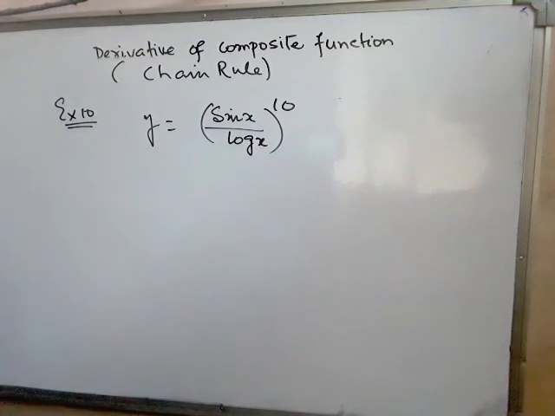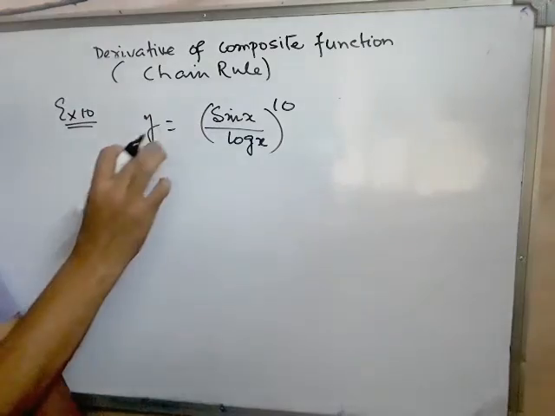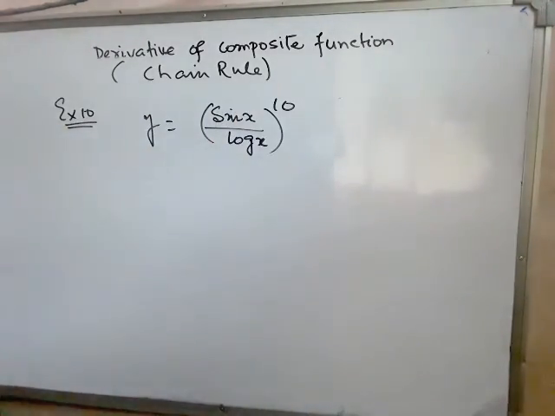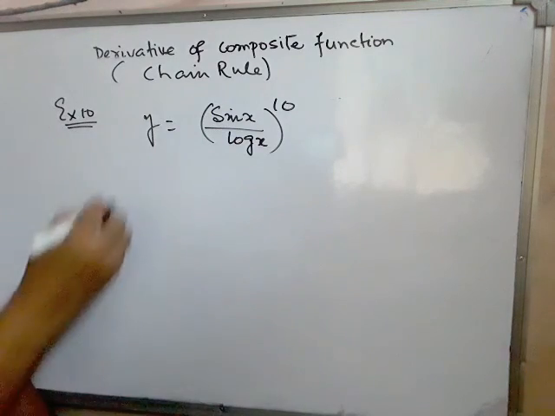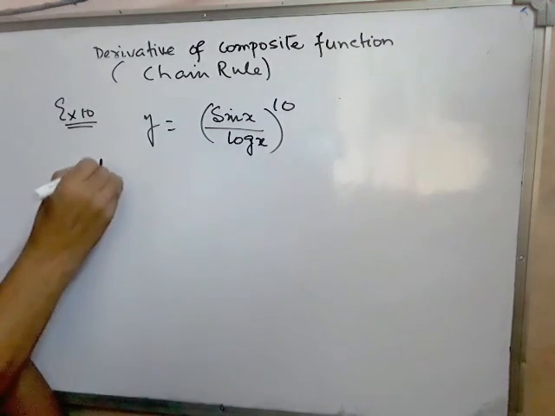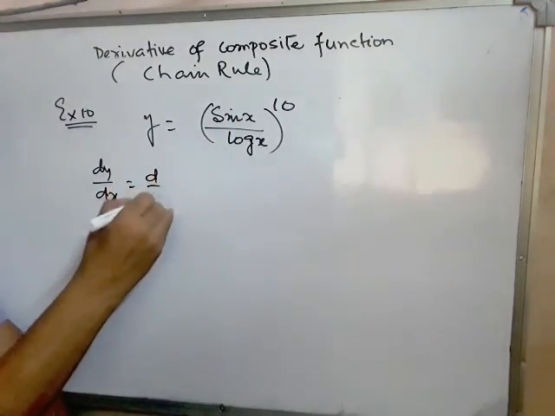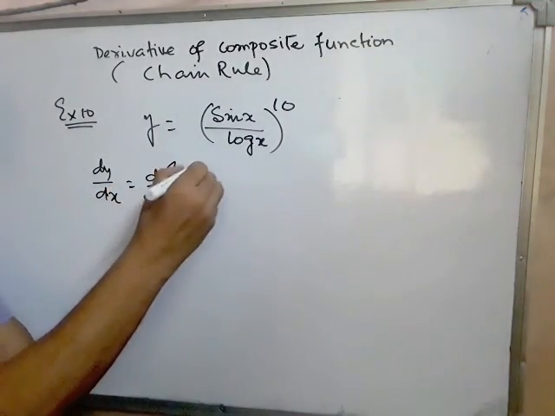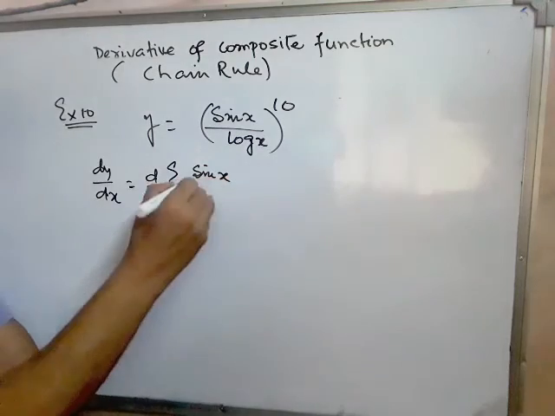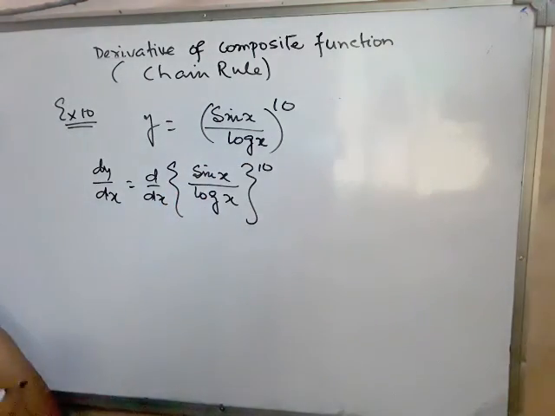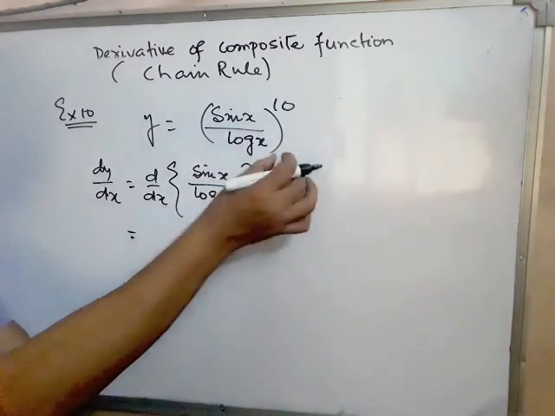How to do this type of sum? See, again we will consider this is u to the power 10 and we have a formula for u to the power n. So therefore dy by dx equal to d by dx of (sin x by log x) whole to the power 10. That is u to the power 10.